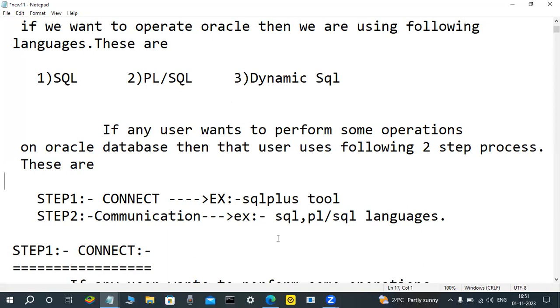Example, SQL, PL/SQL languages. Write it: Step 1, connect, SQL Plus tool. Step 2, communication, SQL, PL/SQL languages.